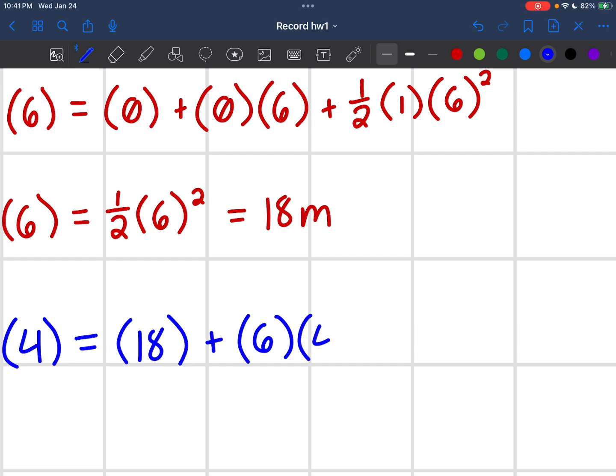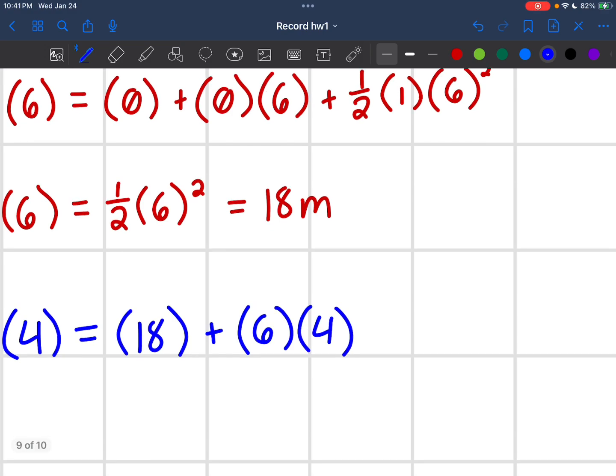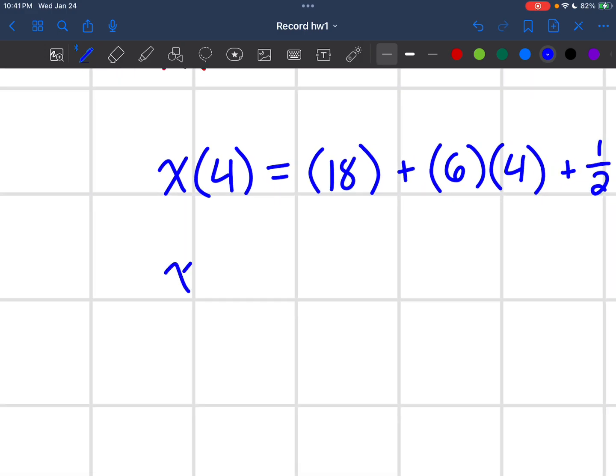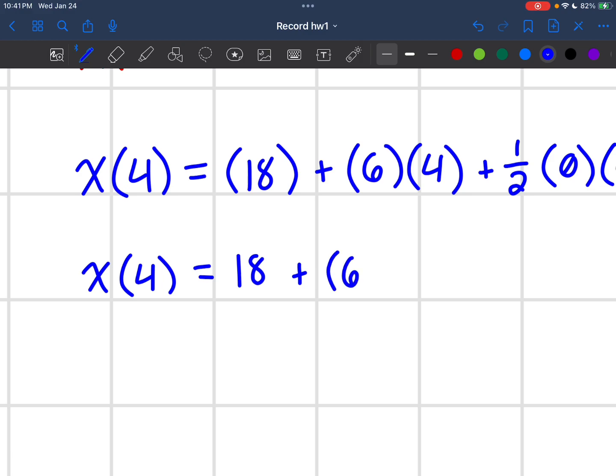And my time, again, was 4 seconds. And like I said, we're traveling at our new acceleration, which is 0. All right, so getting rid of that 0 term there because it's not useful. That's going to be 18 plus 6 times 4.